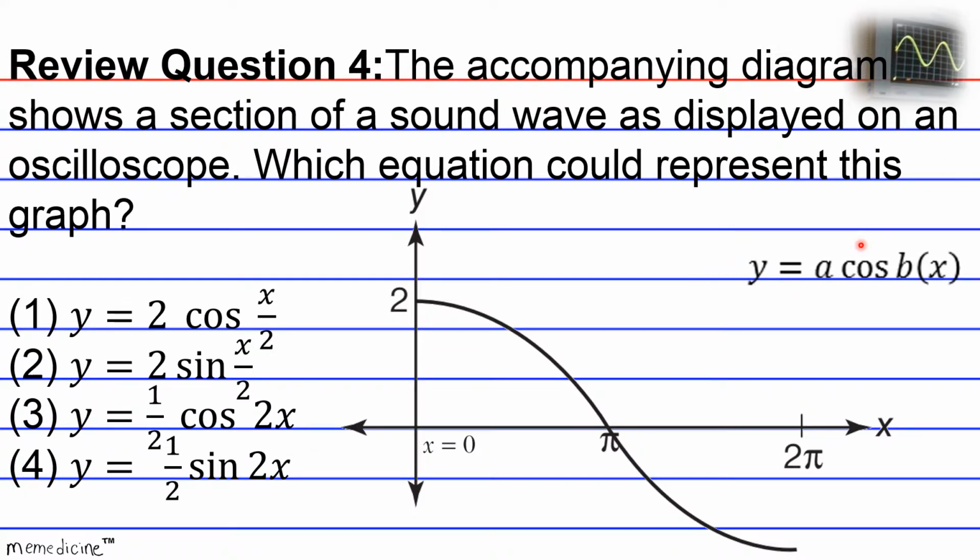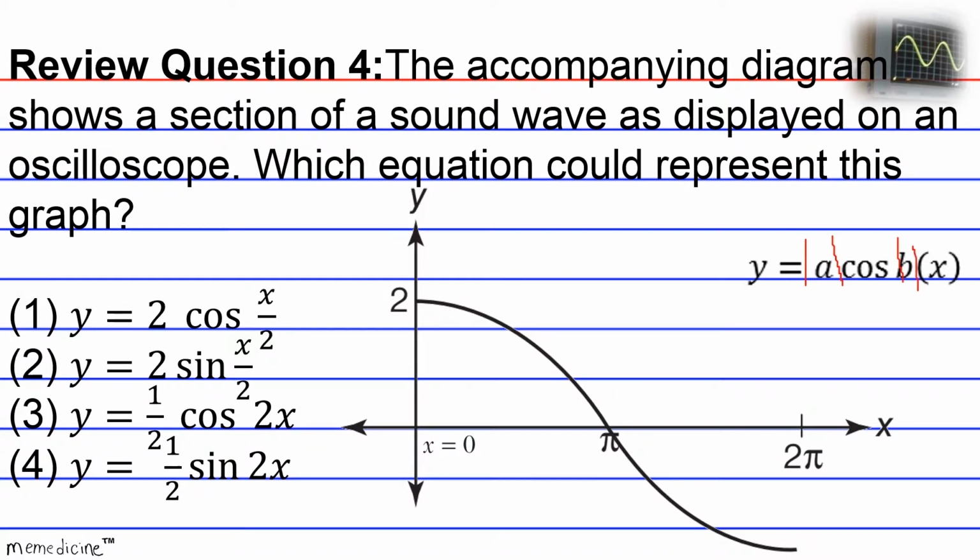And this is the general equation for a cosine wave. Y, the dependent variable, is going to be equivalent to A, the amplitude. This should really be posted up between absolute value signs. So let's just draw them in real quickly. The absolute value of A times the cosine of bx, and also the absolute value of b as well.